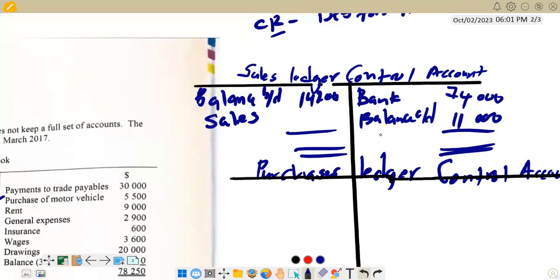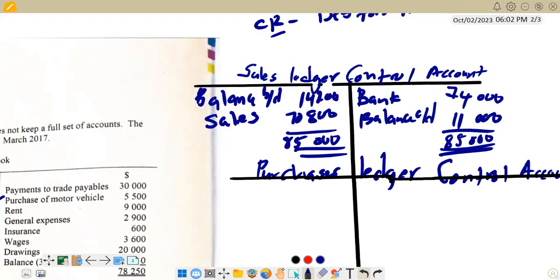If you add there, you're supposed to get 85,000. That's the same figure that's supposed to be here. Then you subtract 85,000 minus 14,200, you get 70,800. So this is the figure for sales that we have.